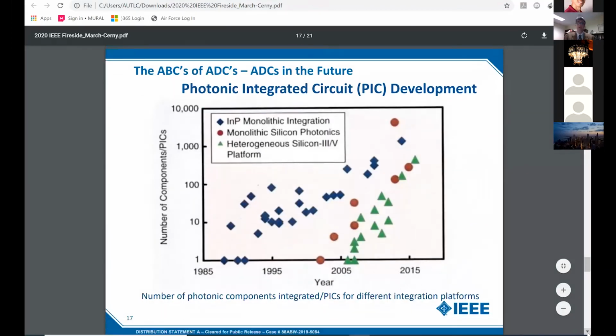All right, so I'm going to just give you some thoughts about technologies that are also coming to bear within the world of communications and electronics, but photonics are now finding their way into not only telecommunications, but a lot of sensor applications.